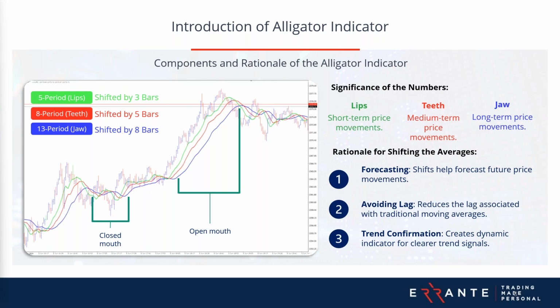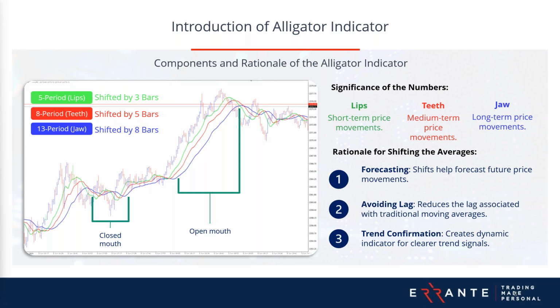So what does it mean for us as traders? Here are practical implications of using the alligator indicator. The combination of these specific periods and their shifts helps to identify the beginning and ends of trends more effectively.